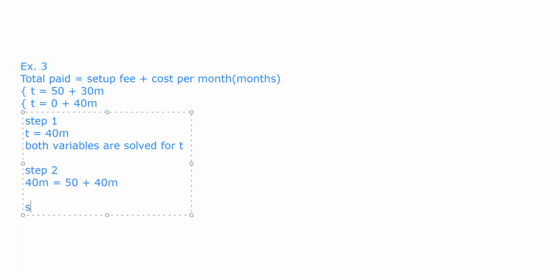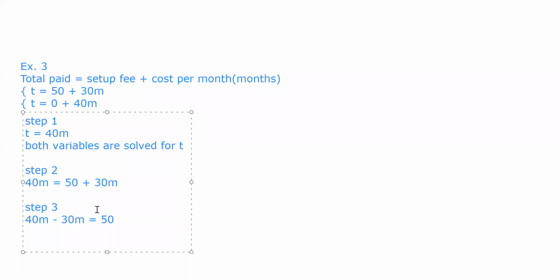We start solving this and find the value for m. Sorry, in here it is not 40, it is 30. Okay. Then we pass this 40m minus 30m equal 50. 10m equal 50.